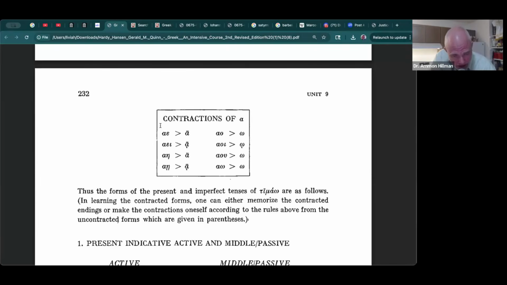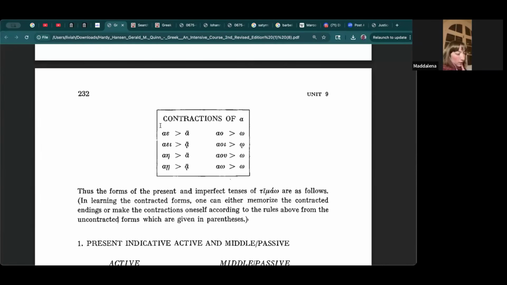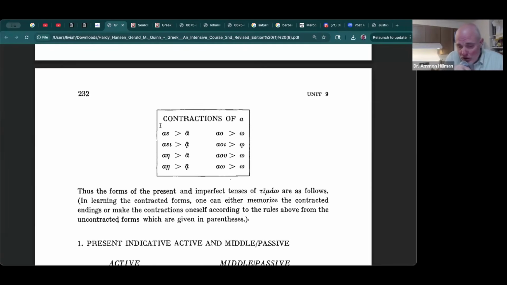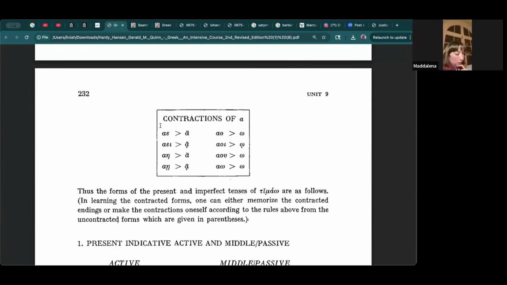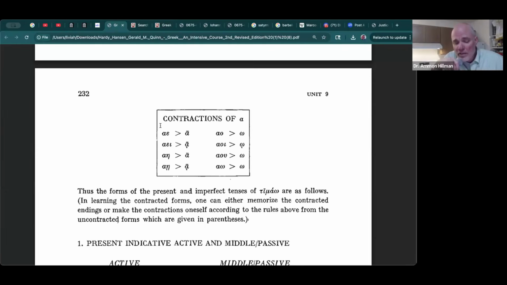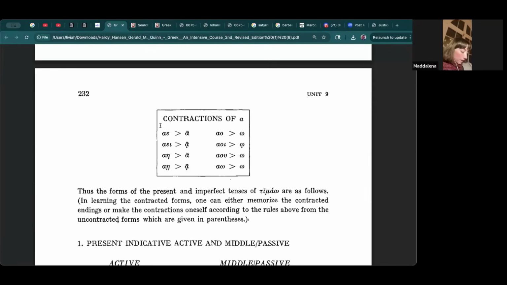Okay, well, I see at least they're consistent with the alphas. What about on the other side? What happens when you put an alpha with an omicron? You get an omega. It lengthens it to an omega. Alpha omicron iota lengthens again. Look, they're all omegas on the right side. As soon as you step into an omicron or an omega, your alpha is going to give up, from alpha to omega.